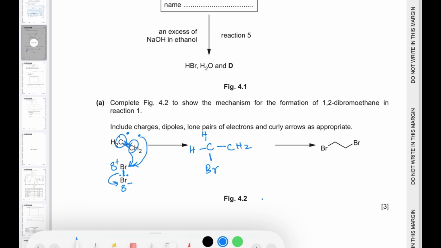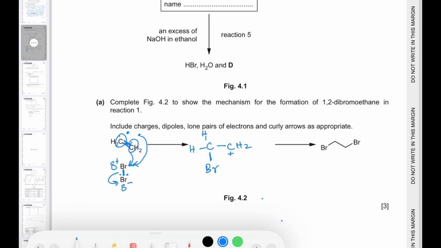That means the other carbon atom which had provided this electron for the previous double bond is now short of one electron. That will give this carbon atom a positive charge, because the electron that it had contributed to the double bond has now been given to the bromine atom.